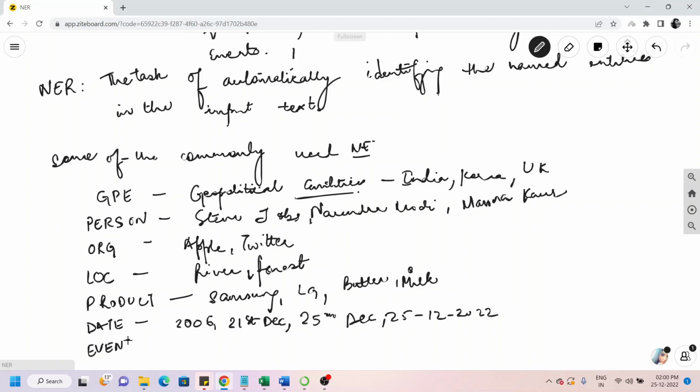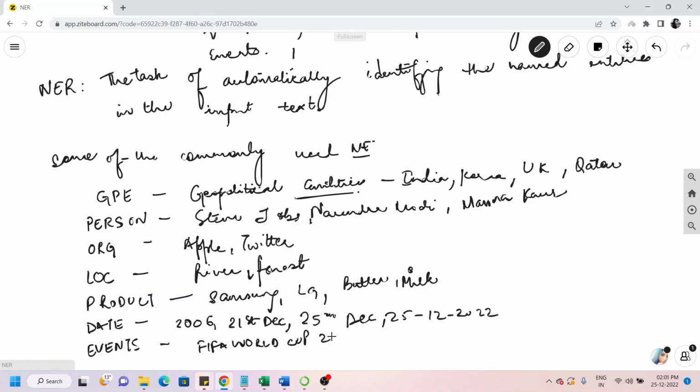Then we have events, like we have various events. The huge event this year was the FIFA World Cup, which happened in Qatar. So Qatar is a GPE, not a location.